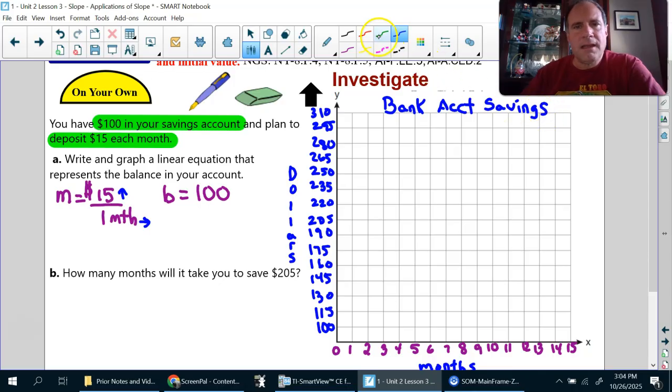Now look how easy this is to actually graph now. But I am forgetting something. Since I went up by 100 in the beginning, and now I'm increasing by 15, that's a different amount. So what you need is called a break. It's like a little lightning bolt.